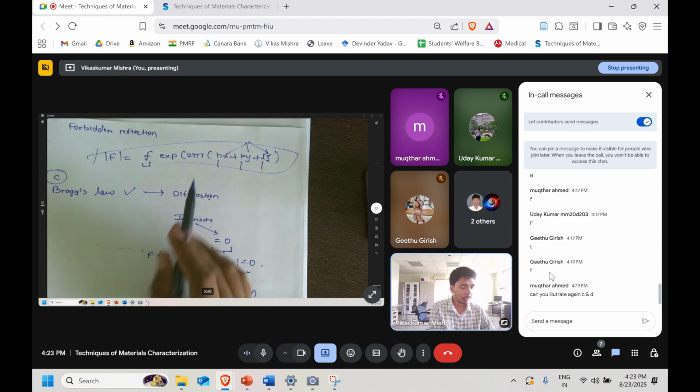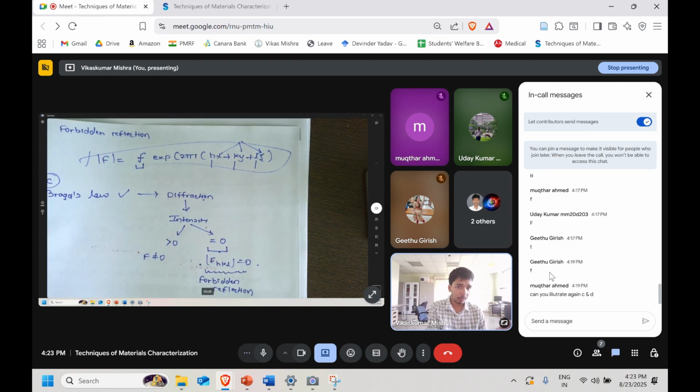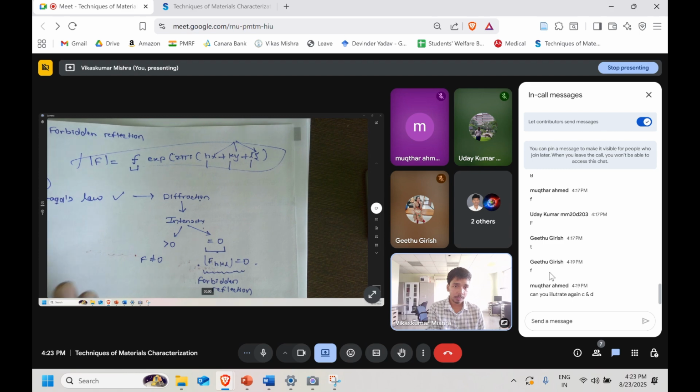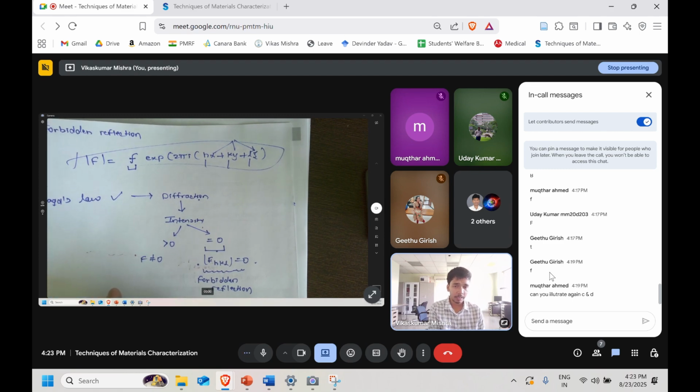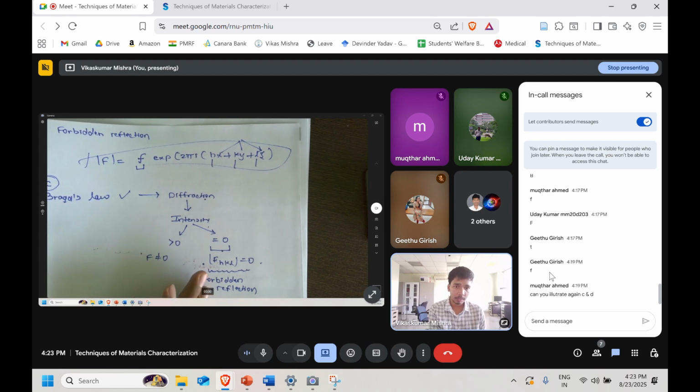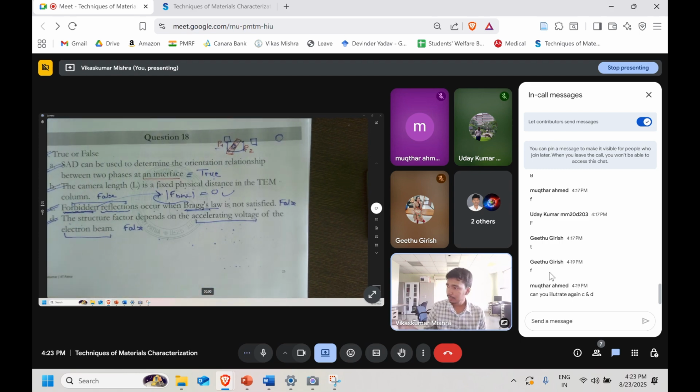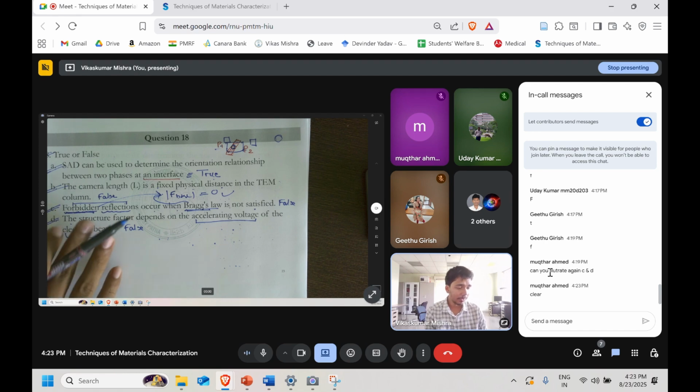This is entirely dependent upon the structure. The structure factor is related with the structure only. It has nothing to do with the external parameters. Okay. So Ahmed, let me know if it is clear. C and D. Okay, very good.